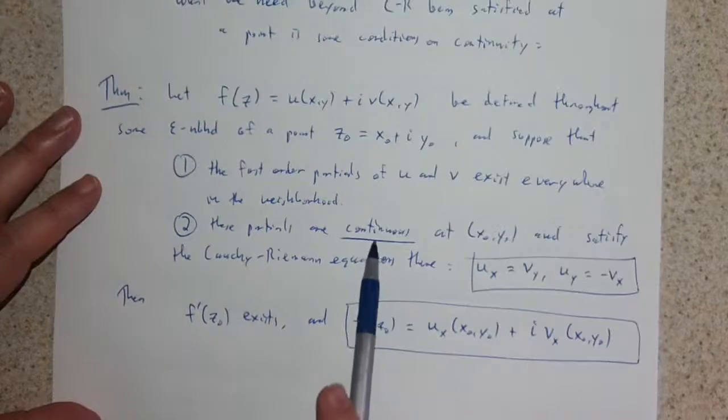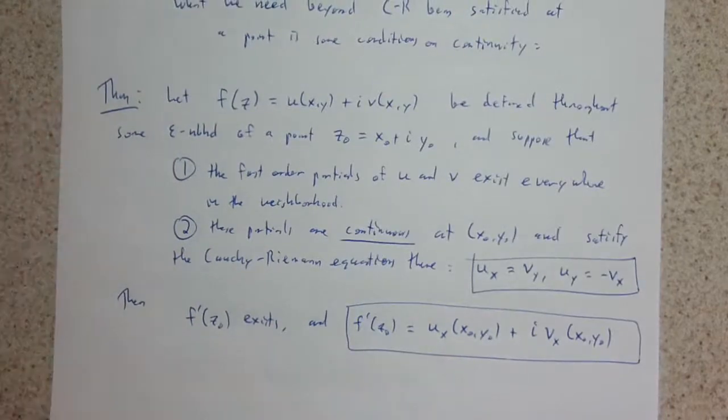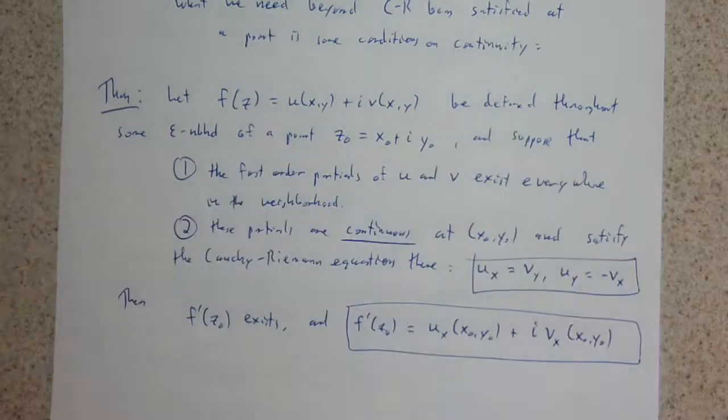This is actually the big key subtle point that we kind of missed out on, because we were assuming in the previous theorem that the derivative existed at the point. When you assume the derivative exists at the point, you automatically have continuity at that point. So the continuity is kind of hidden in the assumption that you're making. Going backwards, you need this continuity at that point to make this work.